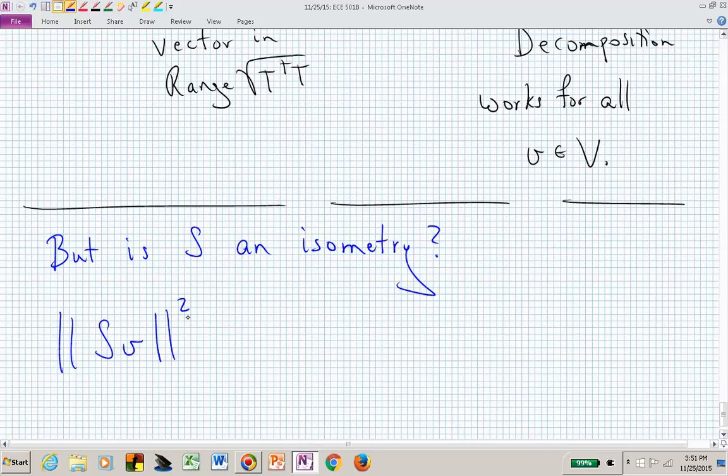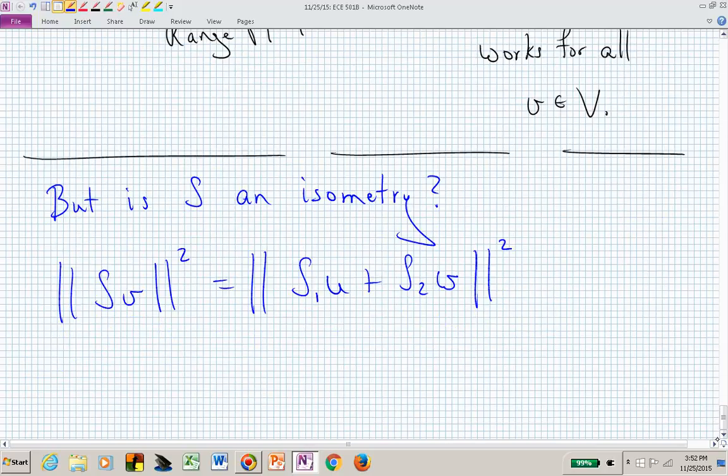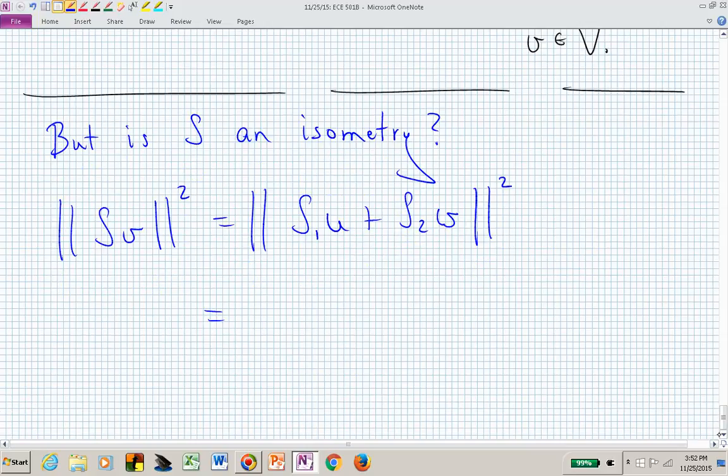If we look at the norm squared of SV, then the way that we are defining S, that's made up of S1U plus S sub 2W. That has to be true by the way that we've defined S. And now we can say, well, norm squared is just the inner product of the argument of that norm squared piece.